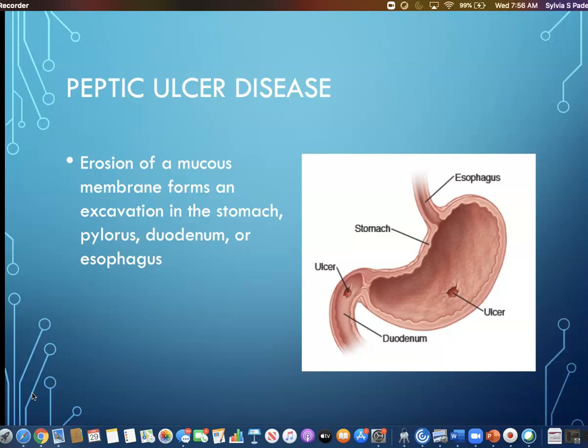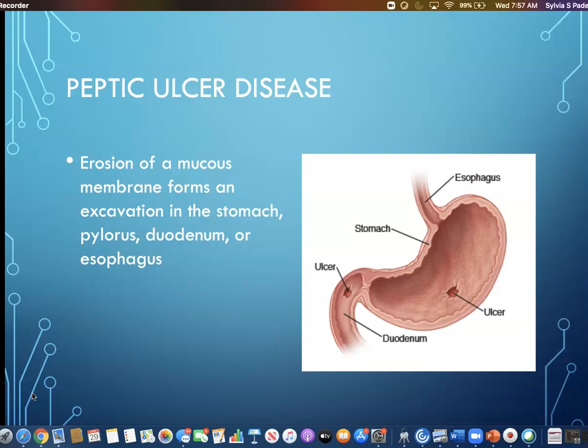Approximately 4.5 million people are affected annually. And the pathophysiology is that it occurs in the gastroduodenal mucosa, as this tissue cannot withstand digestive action of gastric acid and pepsin.